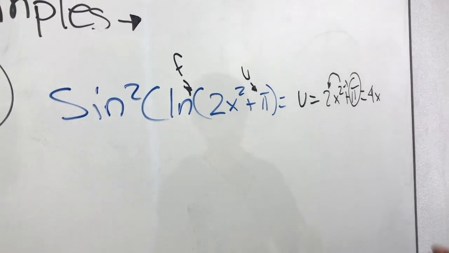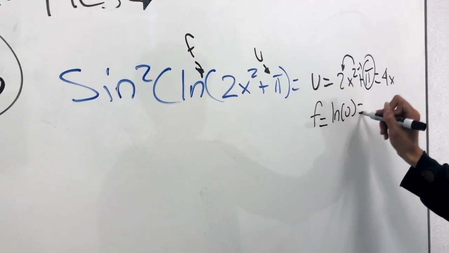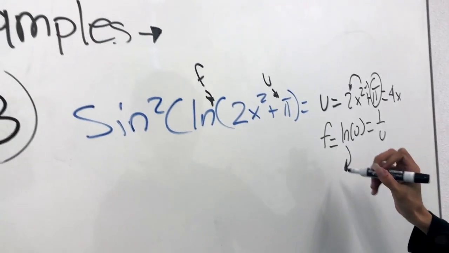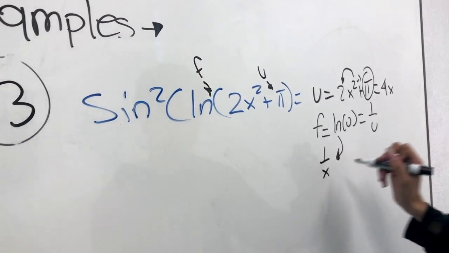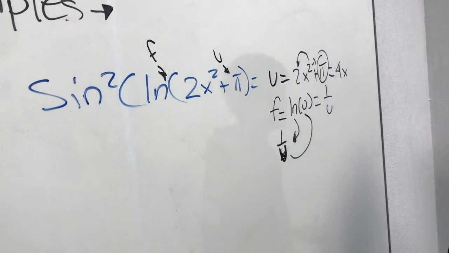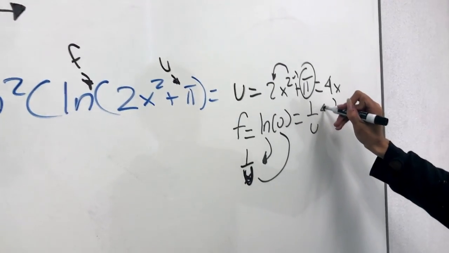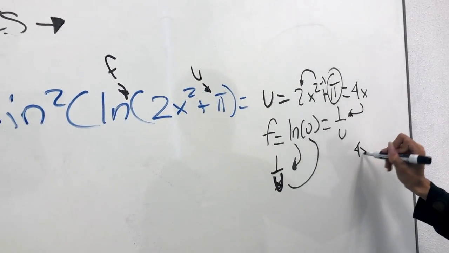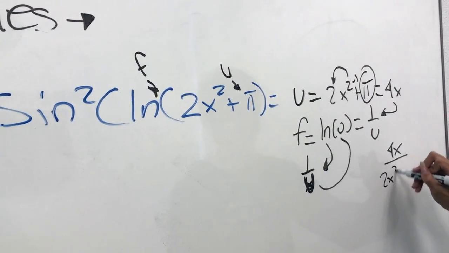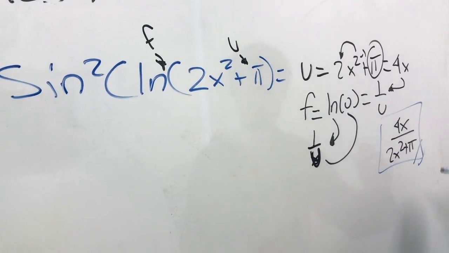That's why it's 4x. And our f would be natural logarithm of u, which is equal to 1 over u, because as we know, the derivative for natural logarithm would be 1 over x, and here u will take the place of x. Then, when solving, we have to multiply again. This multiplies the 1 of the fraction and would be 4x over our u, which would be 2x squared plus pi. Here's our first step for this function.